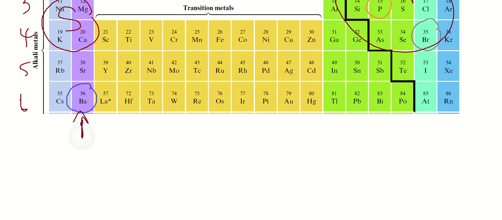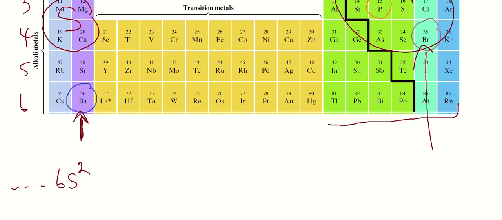Because it's in the 2nd column of the S block, it's going to have the electron configuration of all that stuff before it, but the final electron configuration is 6s2. All right, and over here, bromine, this is the P block.